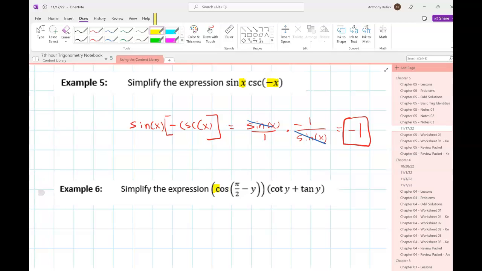I mean, there's one thing you could do. You could say, okay, I'm going to distribute. But does that seem like a good idea to do? No, it's too much.